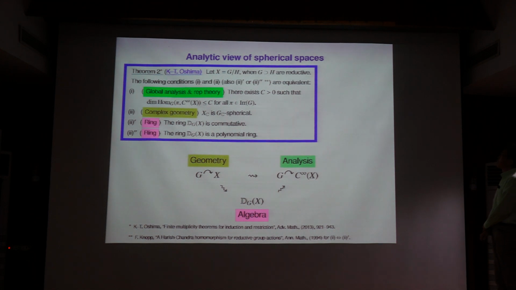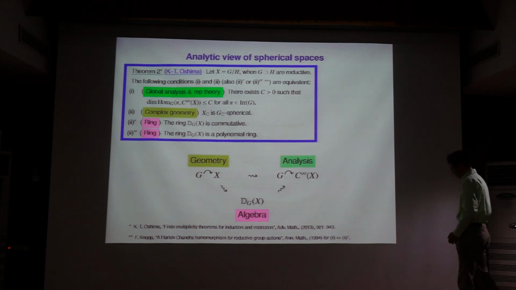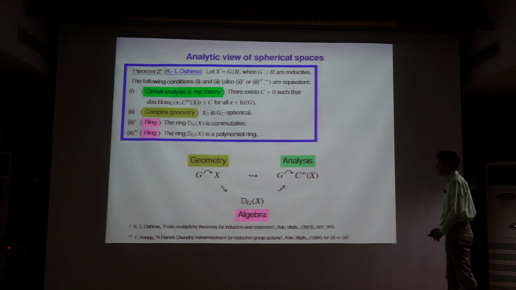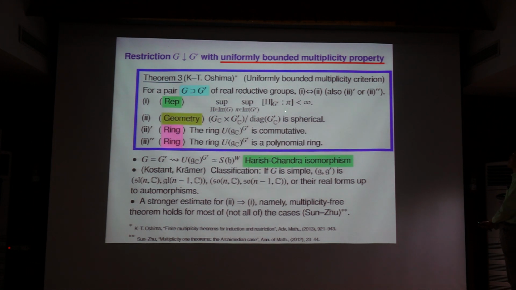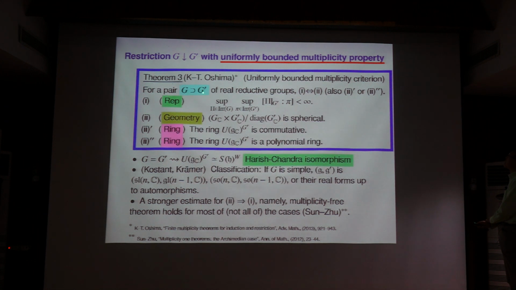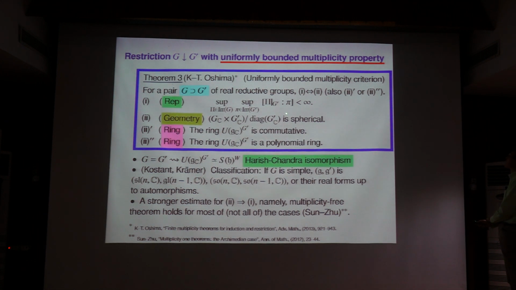Okay, and we use this result for the branching problem. Then we have to be careful about the topology for the restrictions, but the following theorem holds. Namely, we consider the uniformly bounded multiplicity condition of the restrictions from a representation of the large group Z to a smaller reductive subgroup Z prime, not necessarily compact. Here pi is an arbitrary representation of Z, and small pi is an arbitrary irreducible representation of the smaller group Z prime.